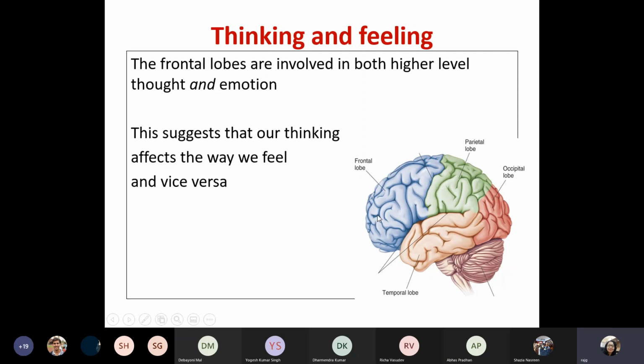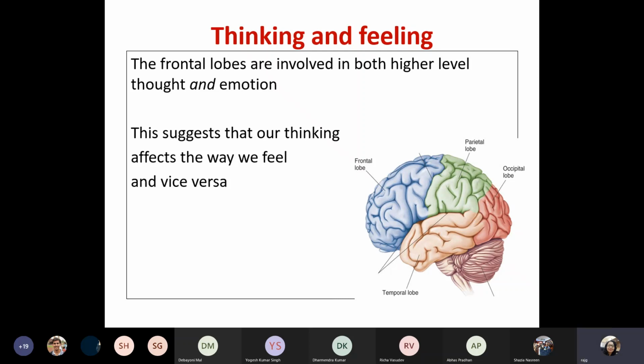Now, when I say the occipital lobe or the frontal lobe, it's not this whole area per se. There are specific points on these areas that are able to do specific functions, but they work in liaison, in coordination with other parts of the brain.